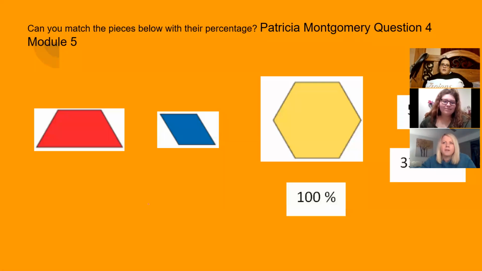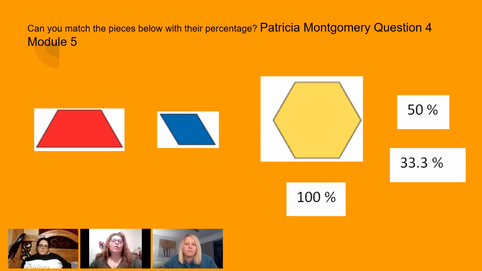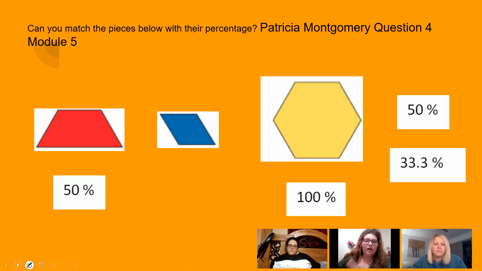I like it. All right, Patricia, can you match the pieces below with their correct percentage? All right. So it shows us in the problem that this yellow hexagon is a whole piece of 100%. So we want to see what percentage these two figures would be of that.